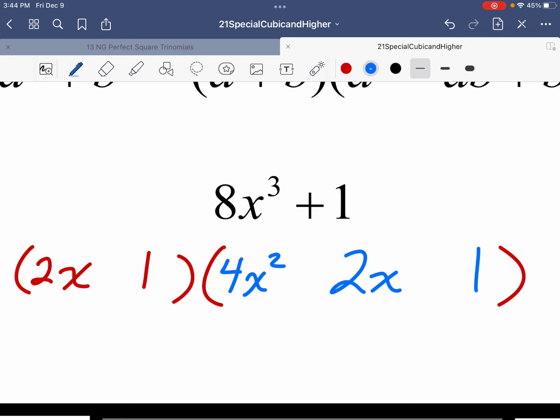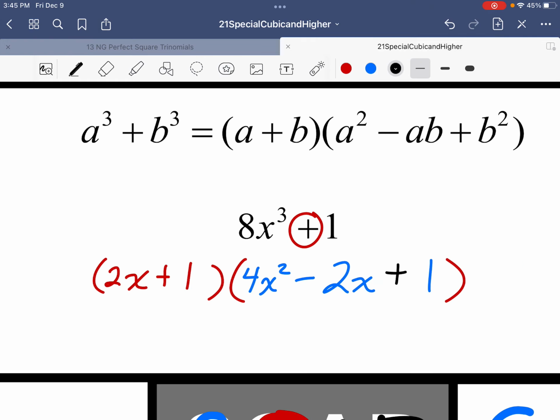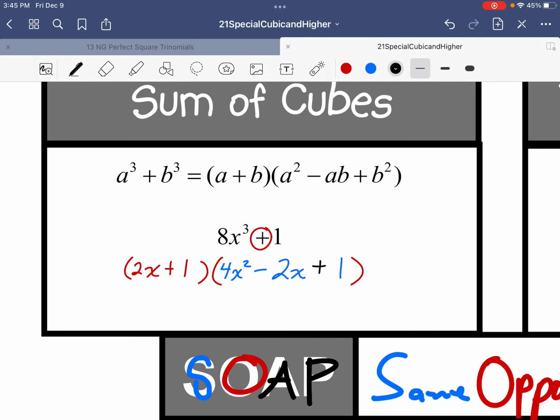Did you use SOAP? You did if the first sign is the same, the next sign is the opposite, the last sign is always positive. And we just successfully factored that sum of cubes.